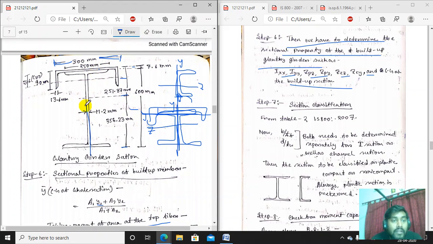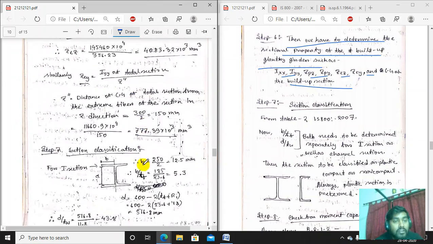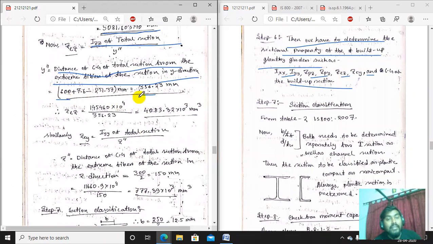Now if this is the CG, what is the extreme fiber from the CG? That or that? I think that is the extreme fiber of the CG. So from CG to the extreme fiber distance is 356.23. So putting the value here, 356.23, we have calculated the value. Total section minus the CG distance from the top, we are getting the 356.23 value. I have shown it there also. So ZEZ, we are getting that value.